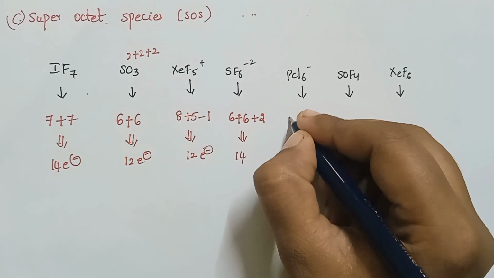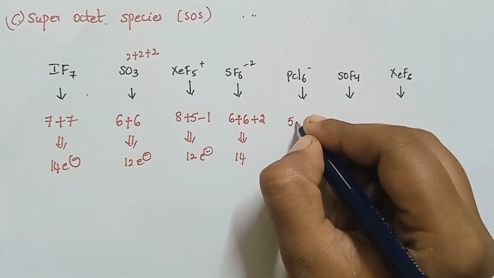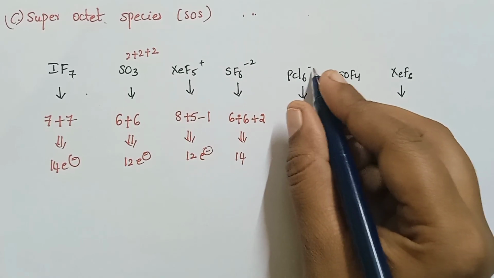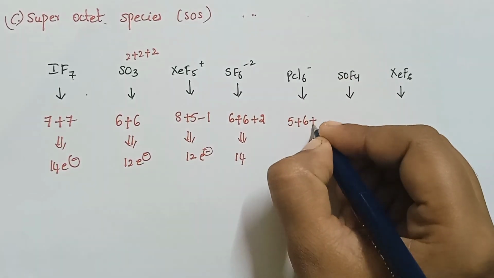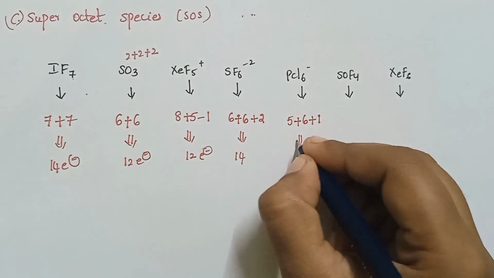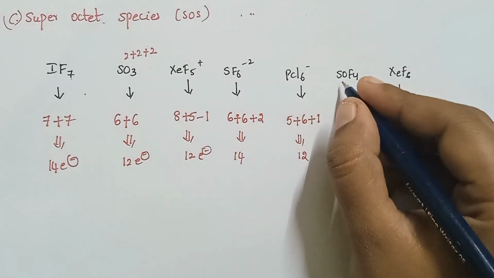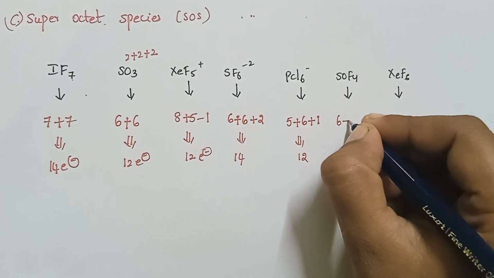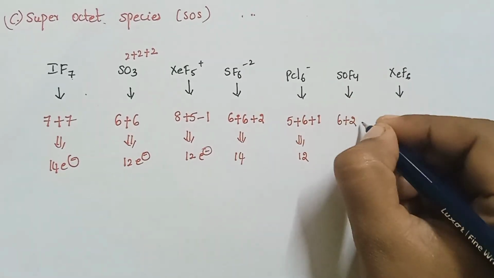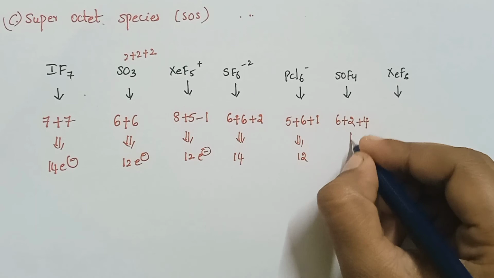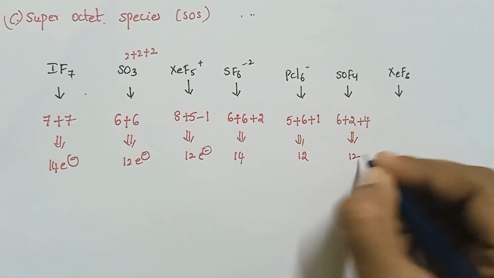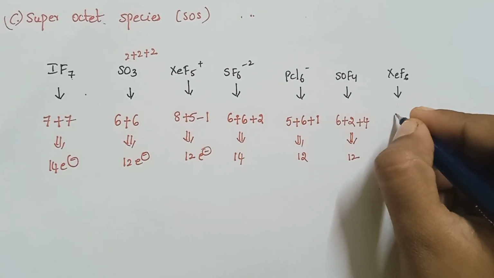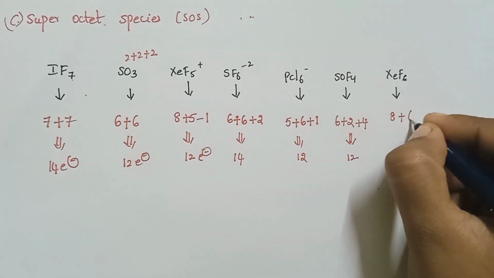PCl6 minus: phosphorus 5 plus 6, minus means 1 electron added, so plus 1, that is 12. Next SOF4: sulfur 6, oxygen 2, fluorine 4, 12. XeF6: xenon 8, fluorine 6.